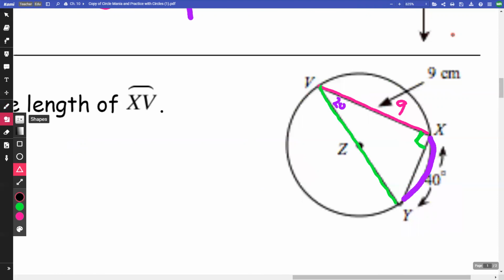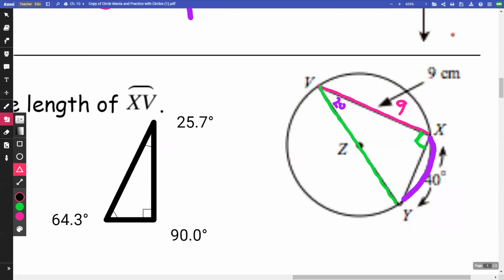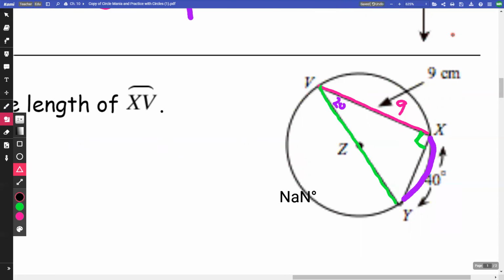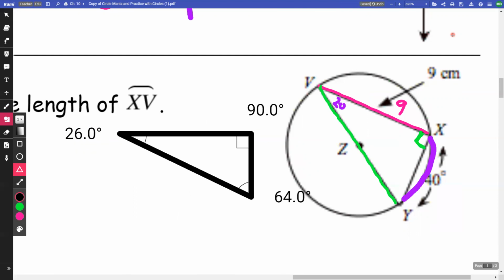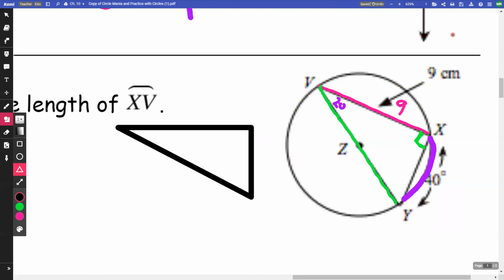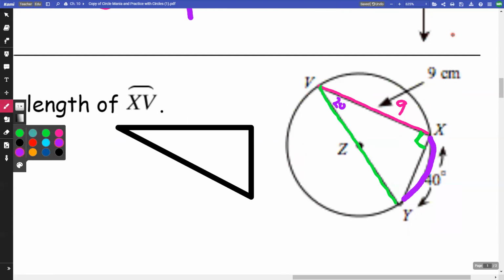So if I have my triangle, I'm going to label this V, this X, this Y. This is 9, this is 20 degrees. And I want to find this that I'm going to call D for diameter.